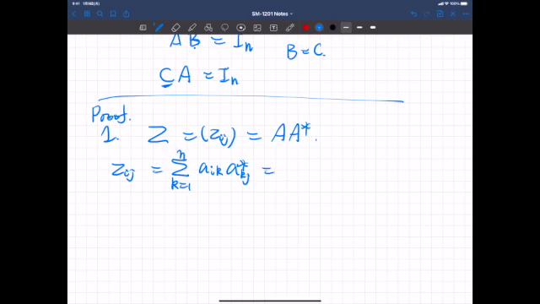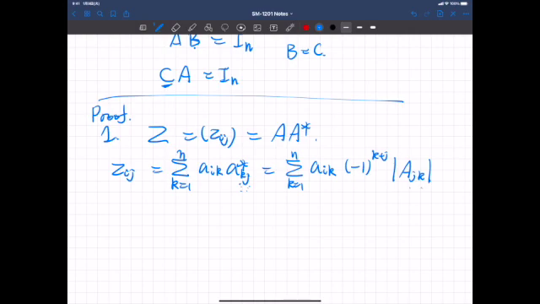And by the definition of adjugate, A star_kj is negative 1 to the power of k plus j, and this matrix A_jk. Remember, these indices are swapped.